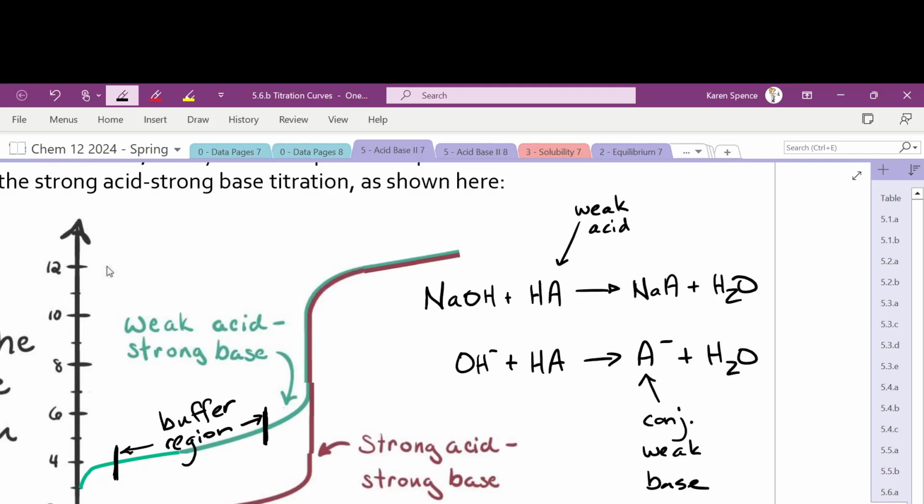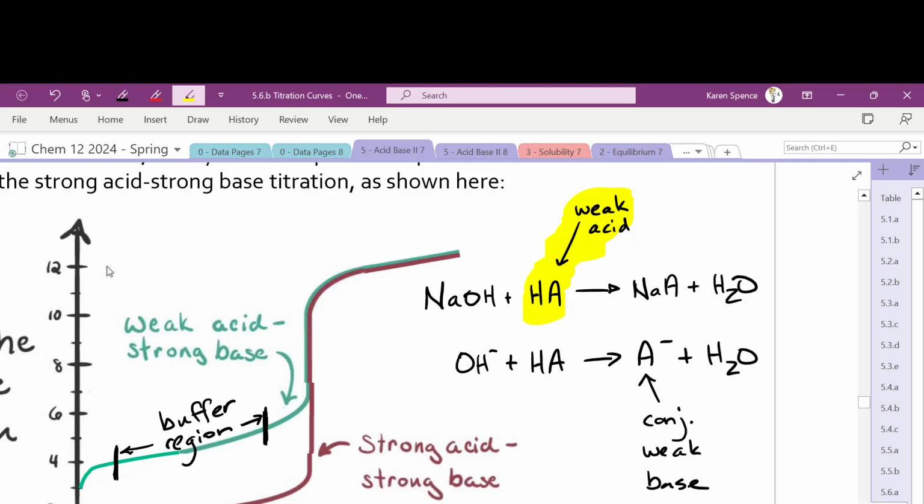I want you to think about what you need to make a buffer. You need a weak acid and you need its conjugate base. Look what we have here. We have a weak acid, and if we haven't reacted it all the way, if we haven't gotten to the equivalence point, we will still have weak acid present, yes?